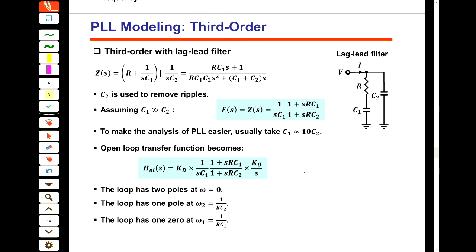So the next one is the lag lead filter, which has 2 capacitors, so it gives us more degrees of freedom in designing our filter.